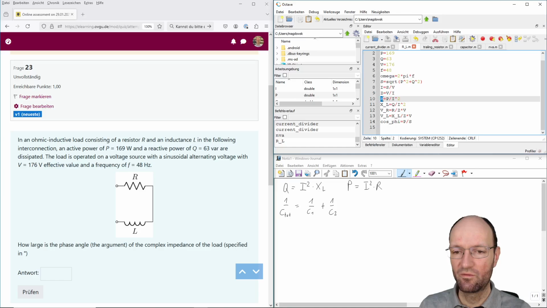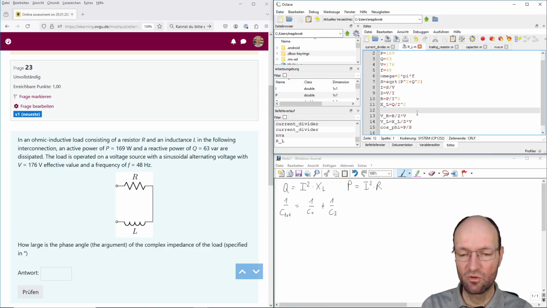So if we have resistance and reactance, of course we could write down a complex impedance and say this is resistance plus j multiplied with the reactance.